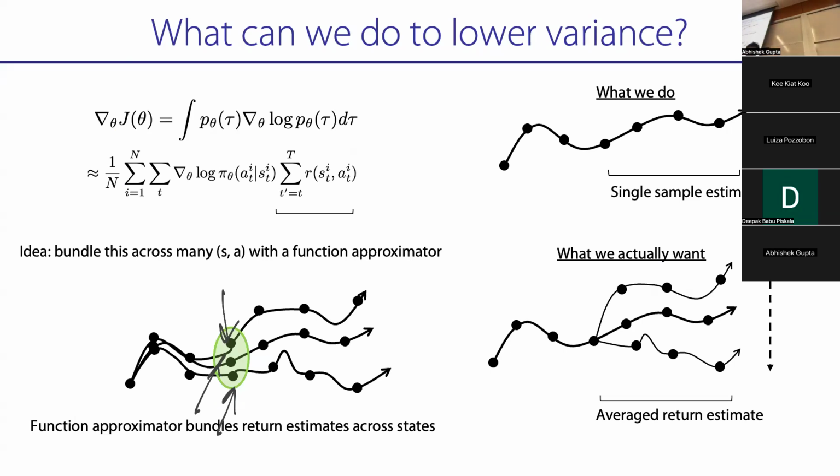You can think of function approximation as a way to transfer information between these states. By sharing that information, I'm learning from all of these data points rather than just one of them. So you can think of this next idea, approximate dynamic programming, as using function approximation to lower the variance between different states, even if I never revisit the same state exactly again.